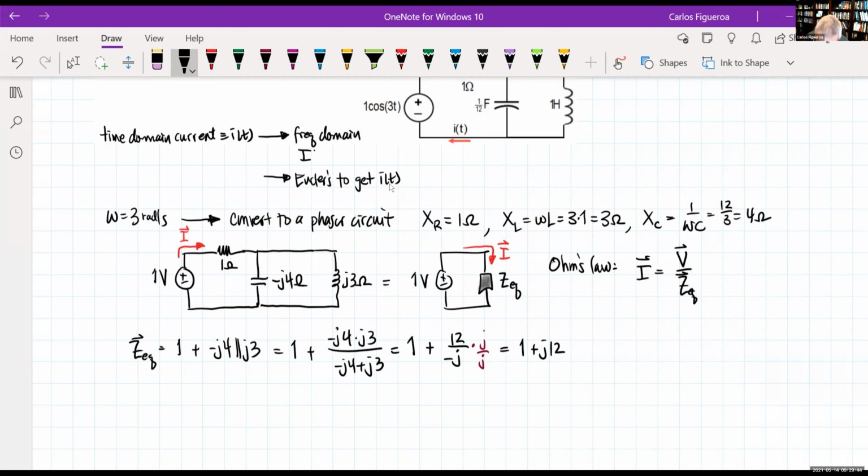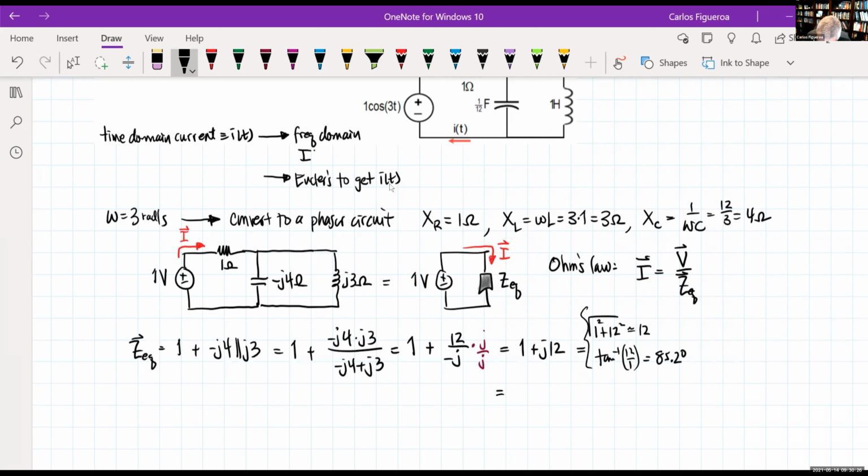But then what I'm going to do is put this into polar form. It's easiest to put it into polar form. So the magnitude is the square root of 1 squared plus 12 squared, which is approximately 12. Then theta is the tan inverse of 12 divided by 1, which turns out to be 85.2 degrees.